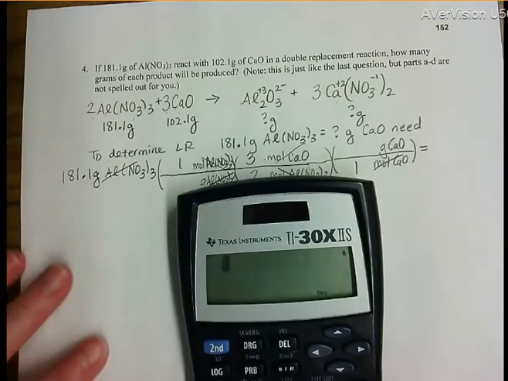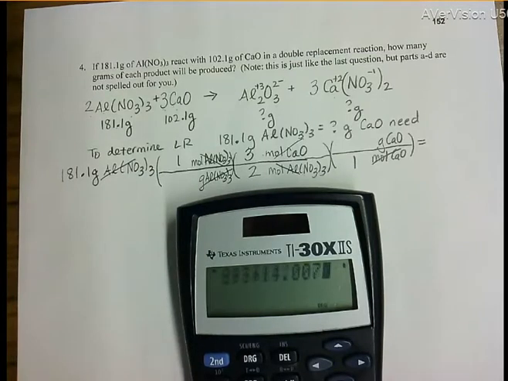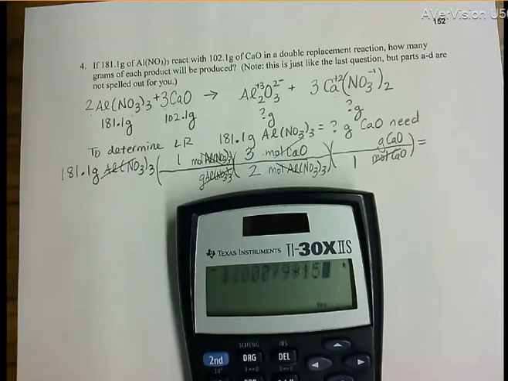Figuring out these masses: aluminum, 26.982, plus I have 3 nitrogens, plus I have 9 oxygens.